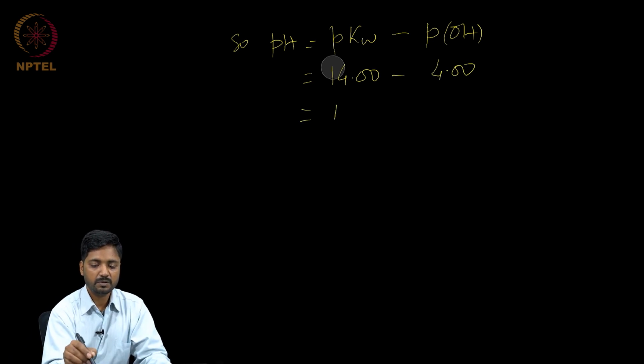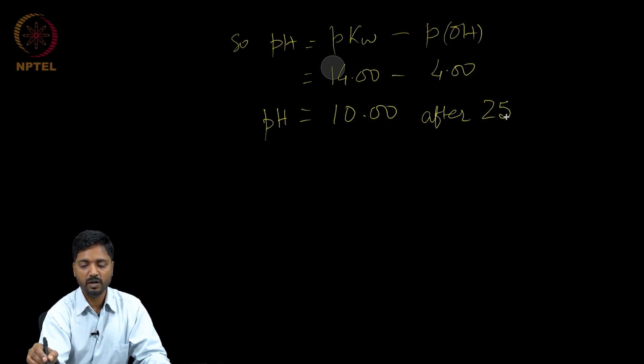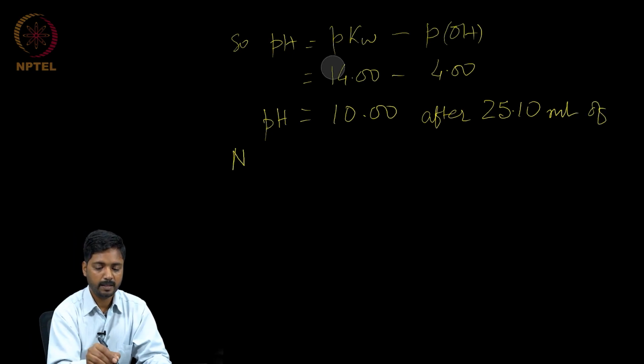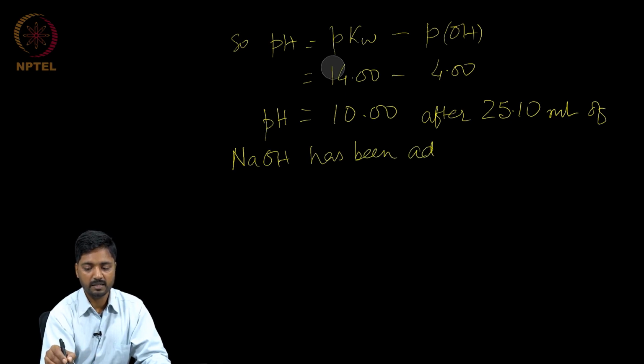So, the pH value turns out to be 10.00 after 25.10 ml of NaOH has been added.